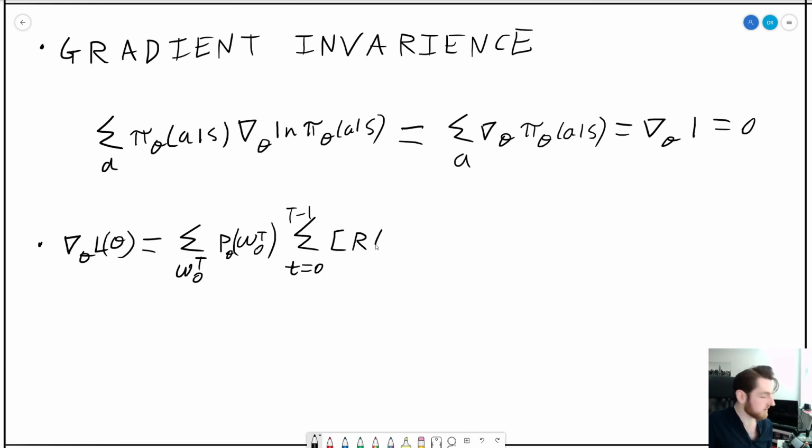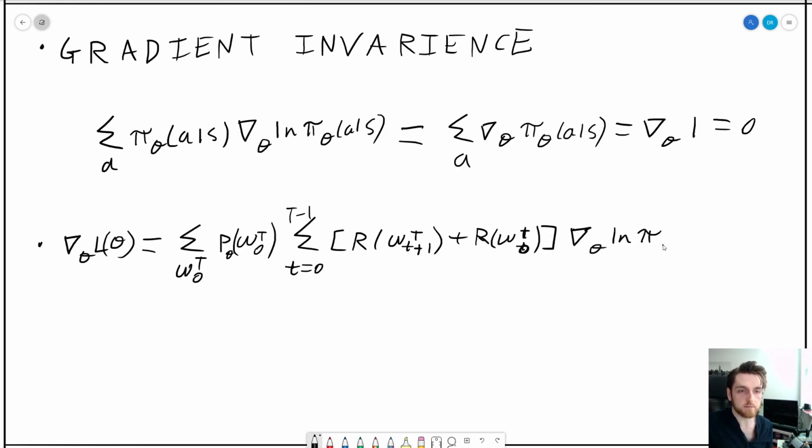And then we split the return into the part which depends on the past and the future part. Sorry, it should be lowercase t at the top and 0 at the bottom. And we still have the gradient of the policy, the eligibility.